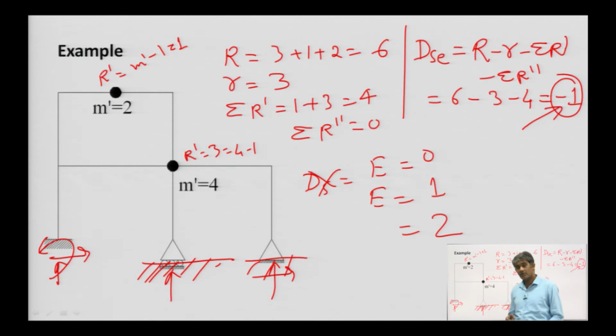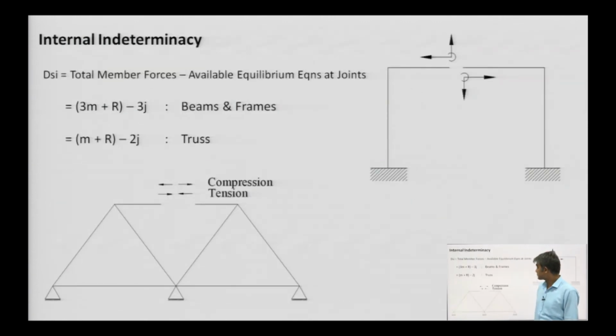The conclusion is that a higher degree of static indeterminacy means the structure is more stable. But from an analysis point of view, we need to make more additional equations.